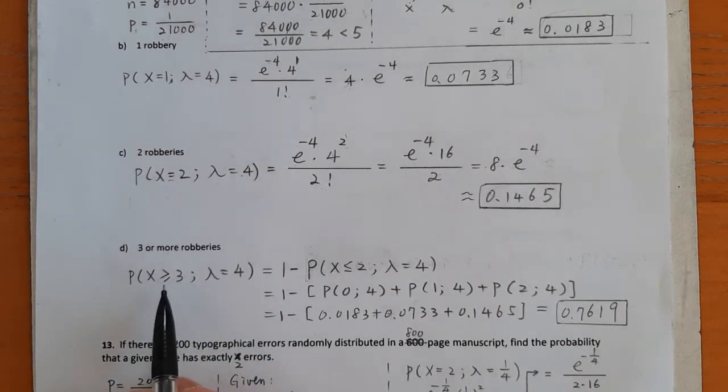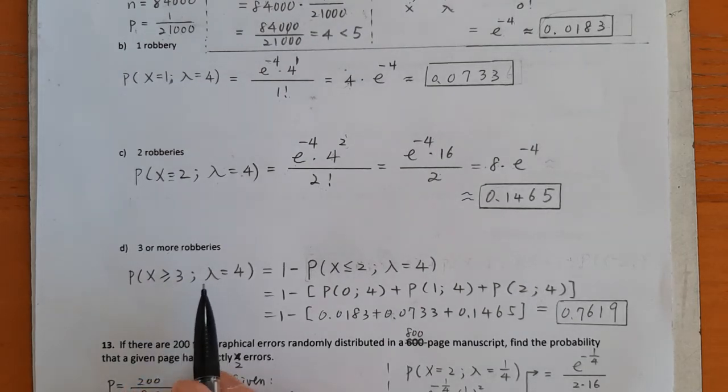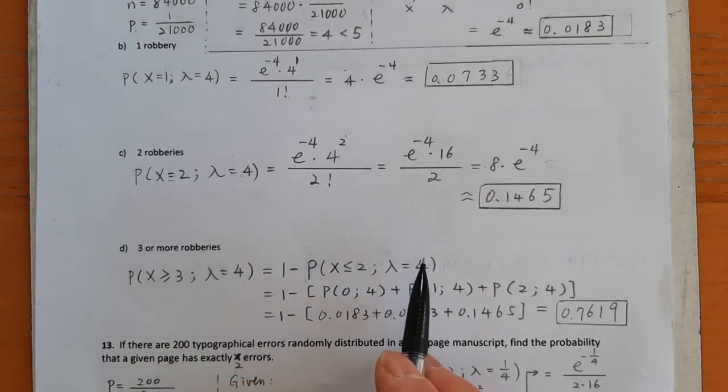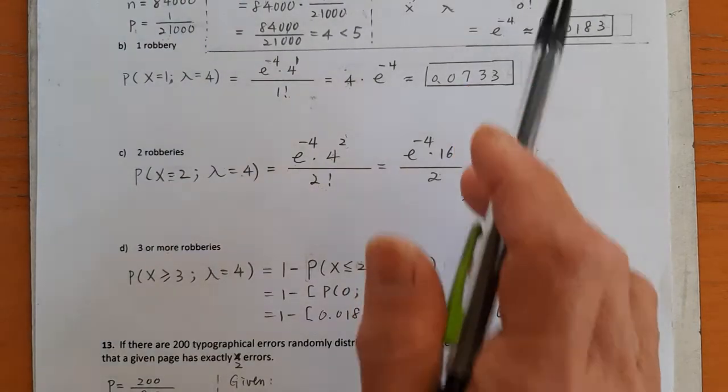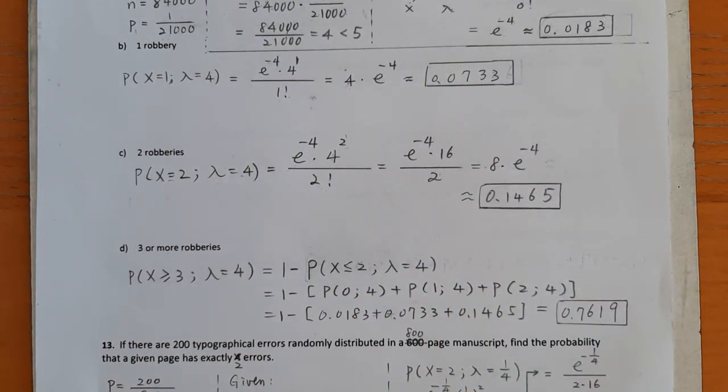If you find the probability of 3 robberies, add the probability of 4 robberies, add the probability of 5, and so on, that takes long to get the answer. If you plug each one into that Poisson distribution formula, you have to figure out each one. So the easier way is to do 1 minus the probability of x less than or equal to 2.